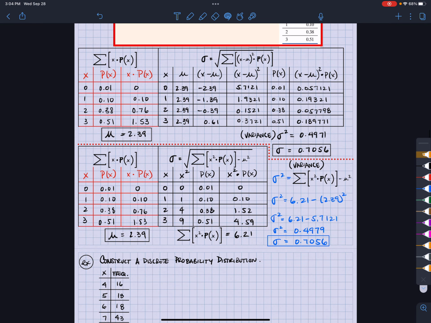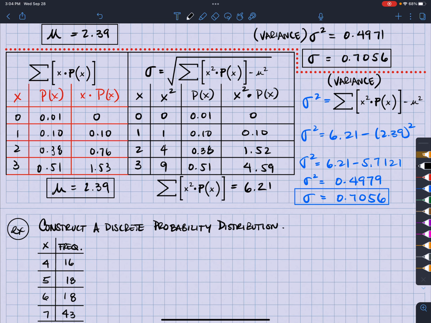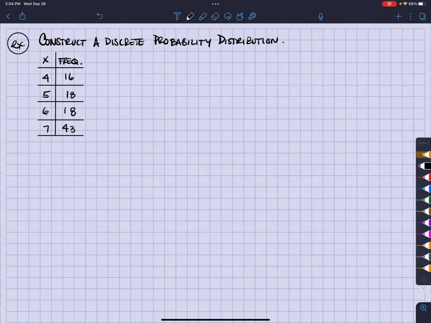And then the last thing I want to hit on is, what if they gave you a frequency table, right? So this is giving me X values and a frequency. How would I construct a discrete probability distribution? To do this, first I want to see how many total things I have here.